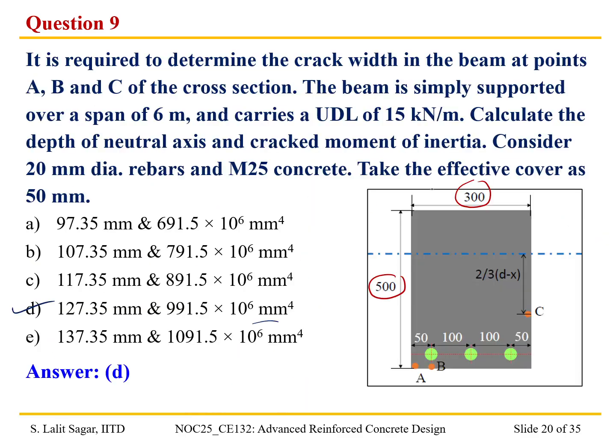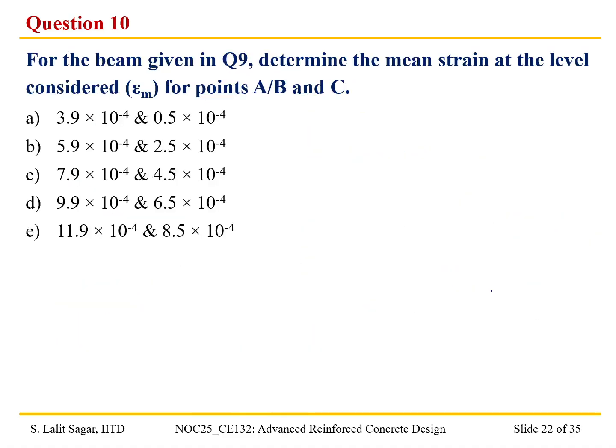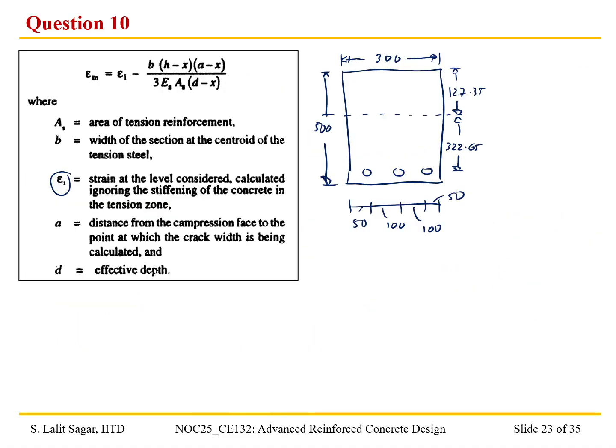Then we have this, which is at a depth of 2 by 3 into d minus x. Okay, I'll take this red color to represent those points. This is point C, this is point A at the corner, and smack at the bottom we have the point B. So what is the distance between the neutral axis and the point C in the vertical direction?